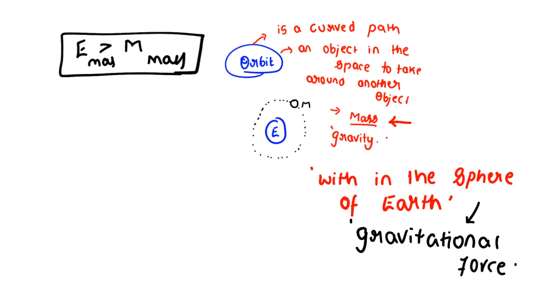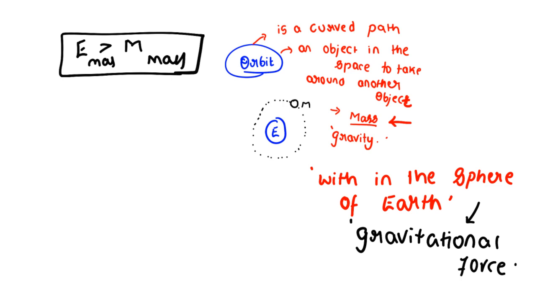Orbit is a curved path where an object in space goes around another object, which is a smaller object that has its own required mass. Gravity causes objects in space that have mass to attract other objects. This is the main reason for the existence of orbits.